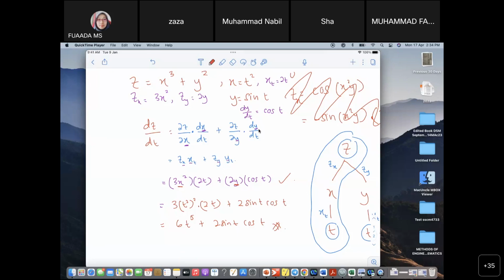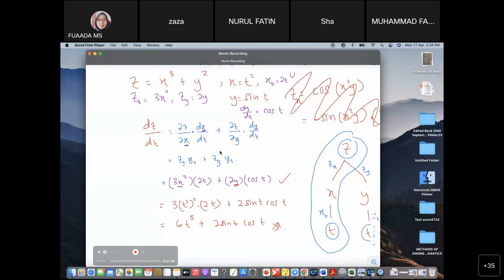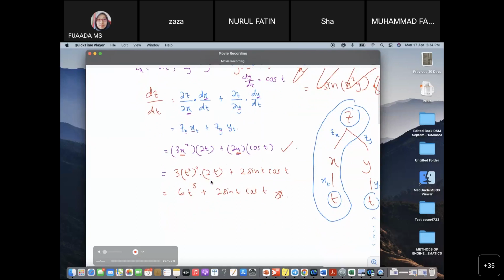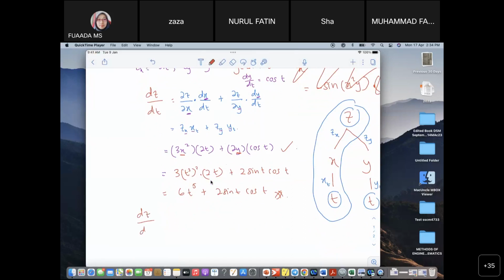Ada. Okay. So, kalau saya minta you evaluate dz dt, sekarang you dah dapat dz dt. And saya minta you evaluate at t equal to 1. So, apa yang you kena buat?